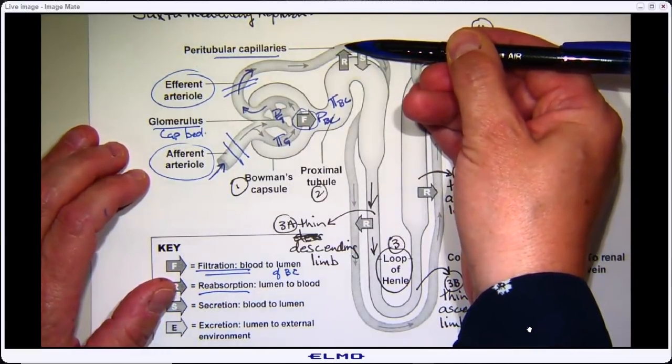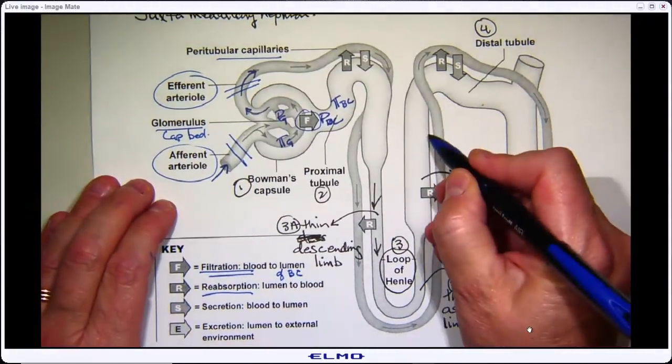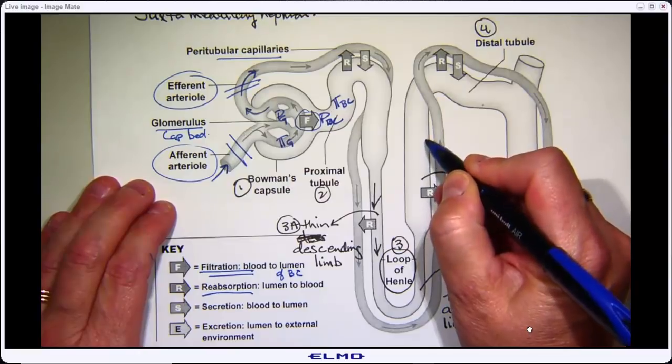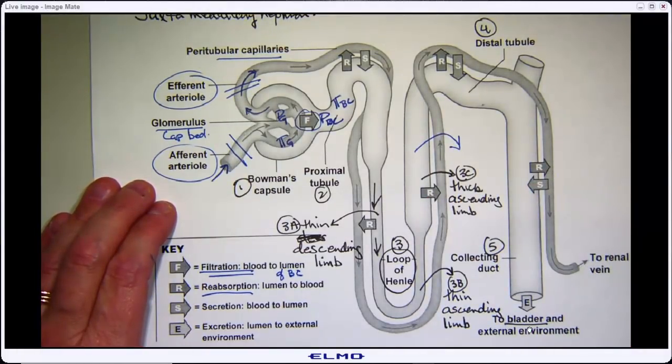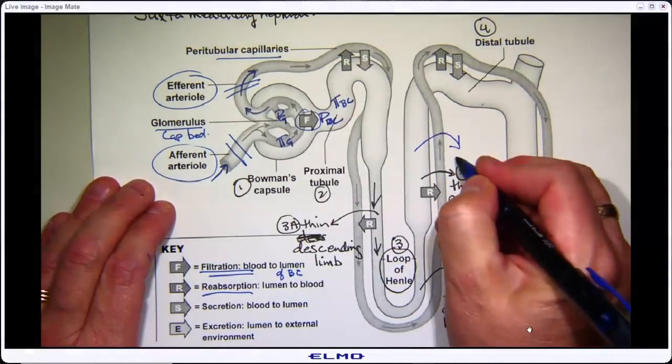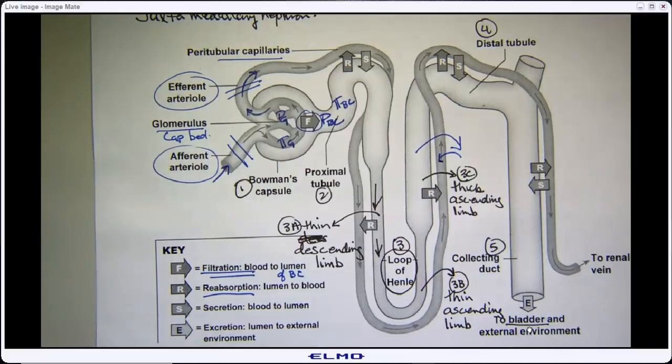That would be reabsorption. Note, though, that they've shown it here as a one-step process, like we can just go from one tube to the other. We can't. You have to go from the nephron out into the interstitial space, out into that tissue, and then take it from that tissue back into the bloodstream. So this reabsorption is really a two-step process.